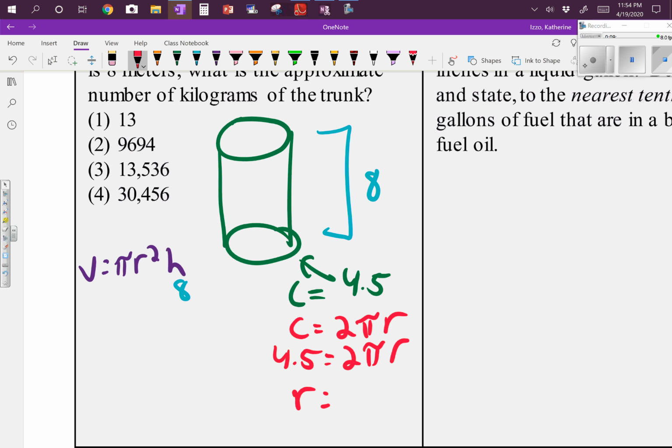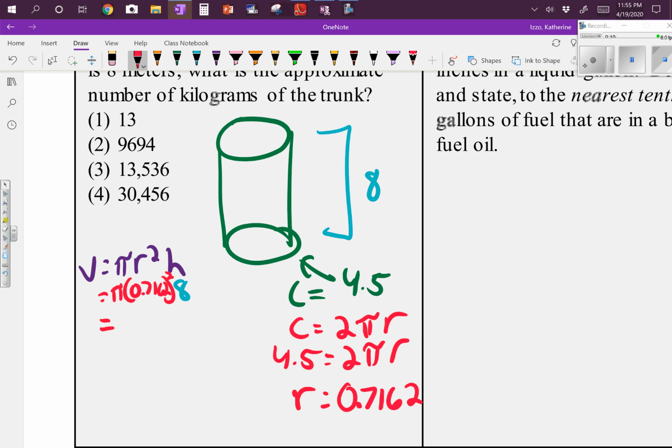You should get 0.7162, and that is our beautiful radius. Plug that radius in, 0.7162 squared, pi in front.